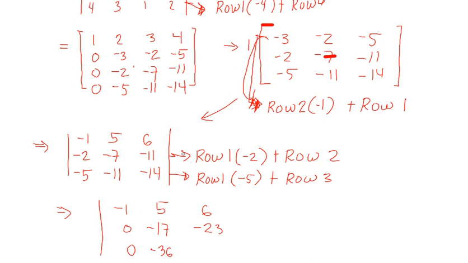And then, last, we have yung row 1 natin dito is 6 times negative 5, that is negative 30, plus row 3, that is 14. So, negative 44. So, nagawa na nating 0, 0 yung elements below doon sa ating uppermost.